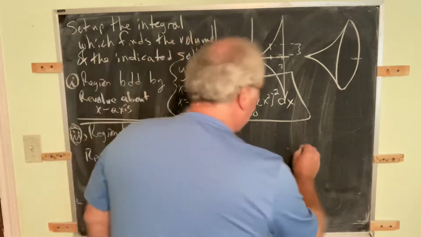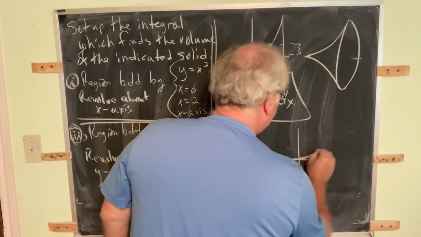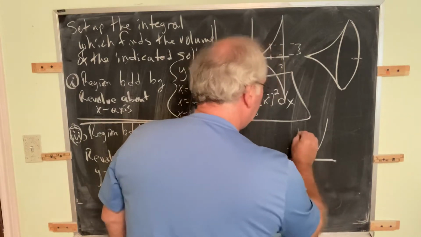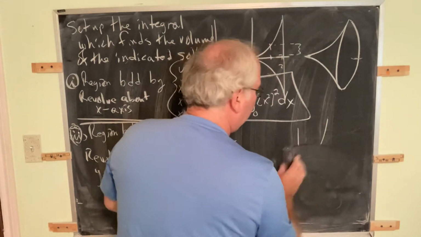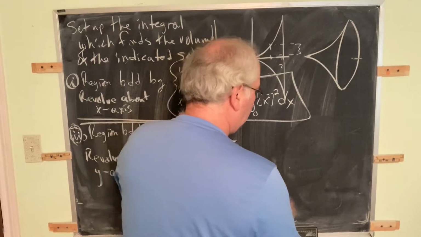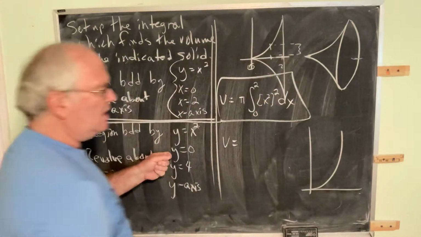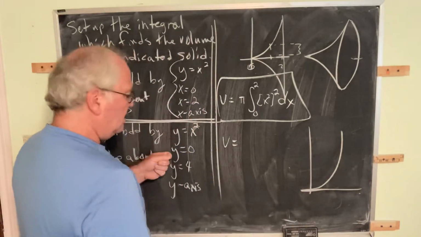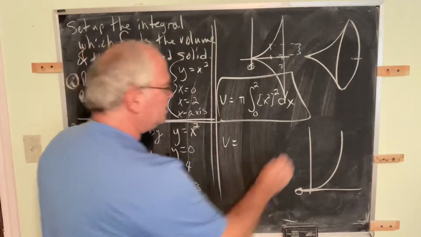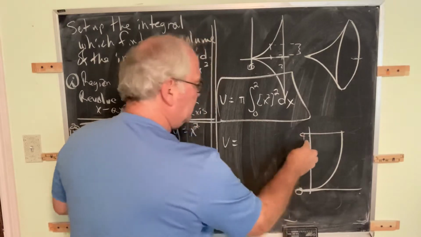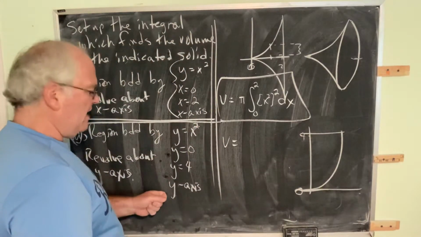Well, let's check out the region here. This is, again, the same parabola, but now, let me get a better picture here. We're bounded by y equals 0, which is this point, 0. Y equals 4, which is this. And now we're revolving about the y-axis.